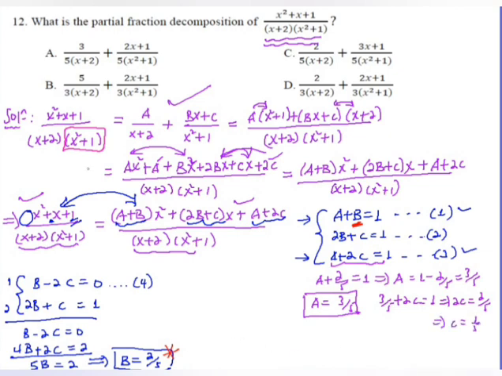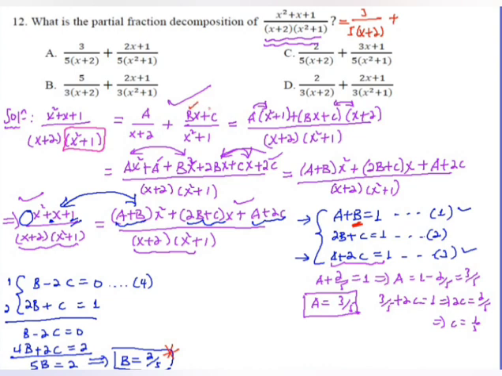Therefore the decomposition of this rational expression will be a over x plus 2, where a is 3 over 5, into x plus 2, plus (bx plus c) over x squared plus 1, where b is 2 over 5 and c is 1 over 5.